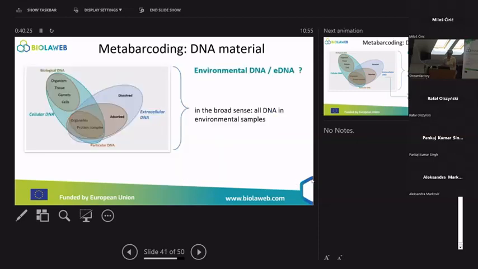So that brings me to the definition of environmental DNA, because there is a bit of discussion between experts. What we call environmental DNA in the broad sense is all DNA in environmental samples, in all environmental samples.